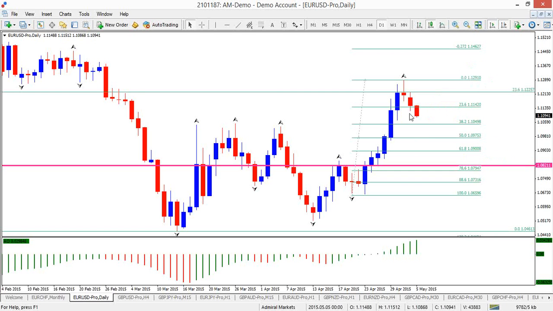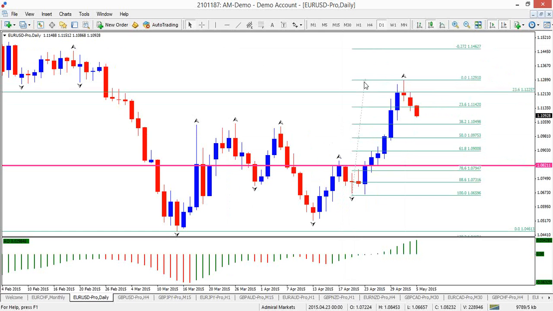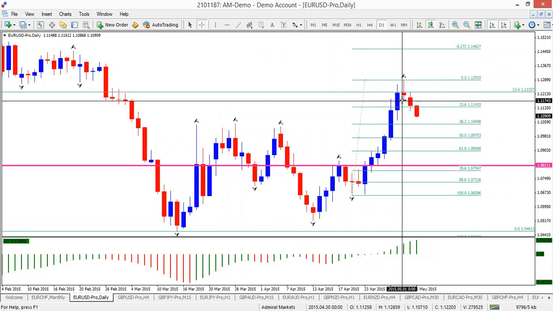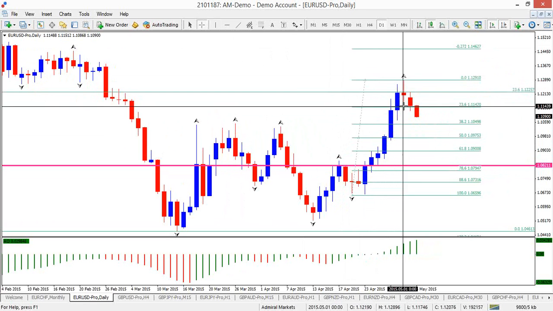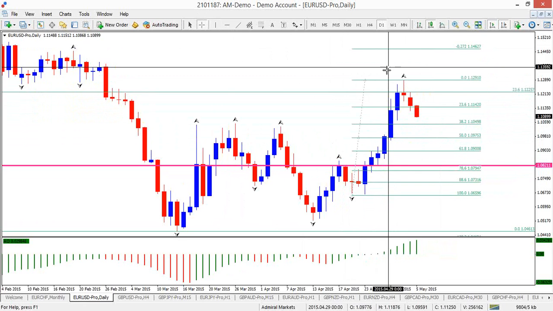So from that point of view, let's take a look at price action just to reinforce the fact that daily candles are important. We got one bullish candle after another, right? And then that Friday we see a doji and downside after that.